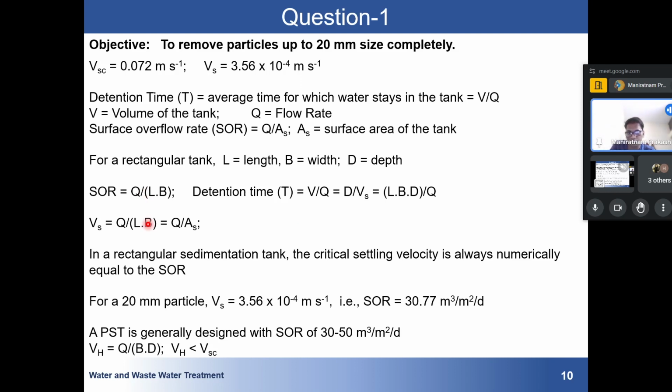Initially, depending upon your condition, you might get a very high SOR, so you have to do something so that the SOR gets reduced. Also, if you study from a different teacher, the basic concept will be the same for everyone, but there will be some variation. I am just giving you an idea of how a primary sedimentation tank is designed. For more detail you can refer to the book which has been suggested to you.